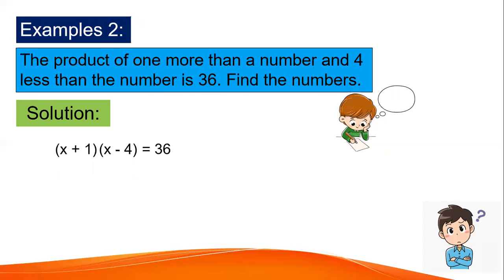Then after that, you multiply. First, you multiply using the FOIL method. So x and x, and therefore we have x squared. Then x times negative 4, we have negative 4x. Then 1 times x is 1x. Then 1 times negative 4 is negative 4.